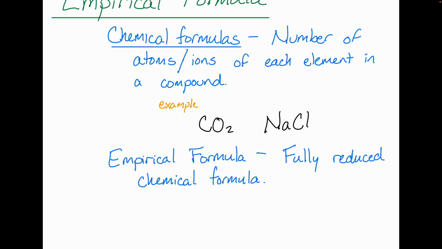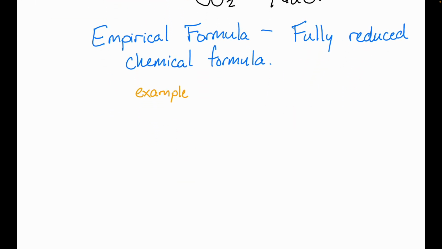Let's do an example. Glucose has the chemical formula C6H12O6. Is this an ionic or a covalent compound? Covalent with all those nonmetals, right? So we can even more specifically call it a molecular formula, but we'll call it a chemical formula to be consistent.